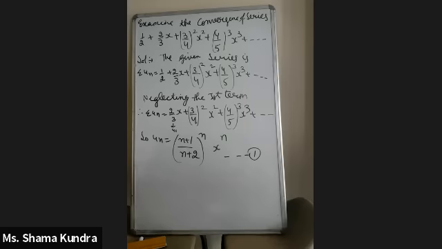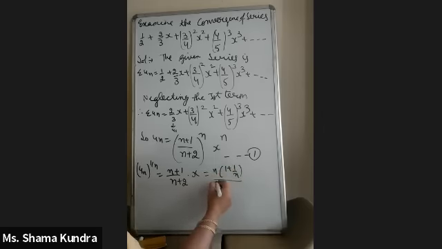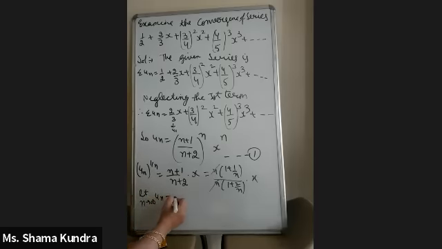So, we can apply Cauchy's root test. Take nth root. Now, take the higher power of n common. n will get cancelled out. Now, take limit. 1 over infinity is 0, 2 over infinity is 0, 1 plus 0 is 1, 1 plus 0 is 1, 1 over 1 is 1. So we are left only with x.